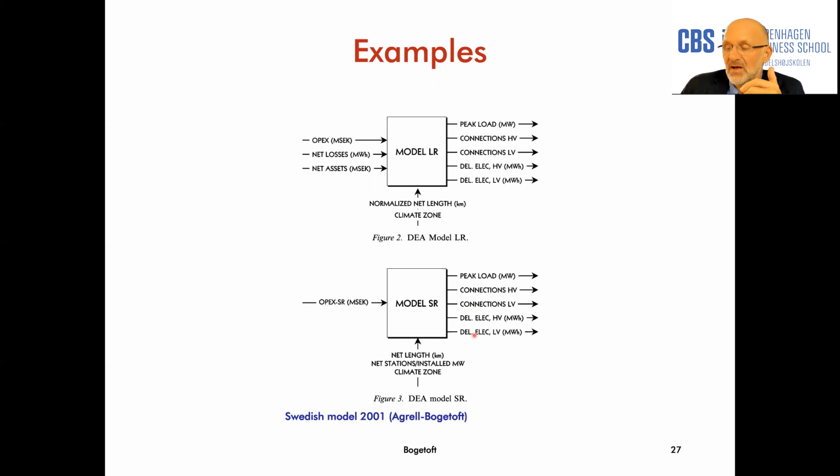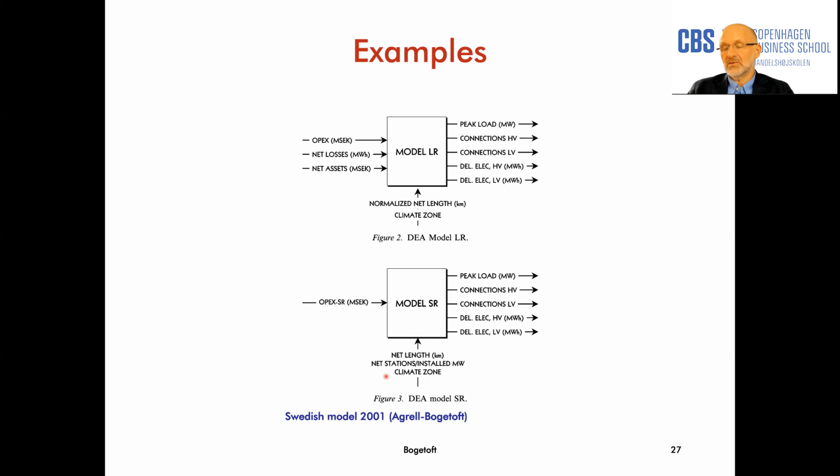So this is the amount of energy being transported. And then we had some exogenous factors having to do with climate zones, which we experimented with. We did something about the nature of the network by looking at stations per installed megawatt.